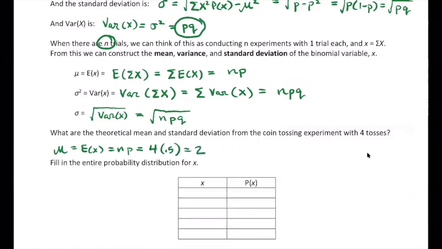On average, we should get 2 heads. That's a theoretical average, and it should be what you get if you do this many, many, many times. If you do it many times, the mean should effectively become 2.